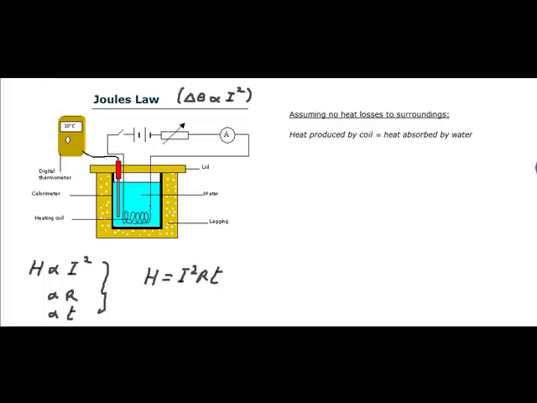So up here we can say that the heat produced by the coil in this Joule's law apparatus is I squared by resistance by time. And if we assume that all the heat produced by the coil goes into the water, i.e. there is no heat loss to the surroundings, well then the heat increase in the water is given by the standard equation, the mass by the specific heat capacity of the water by the change in temperature of the water, which we write as delta theta.